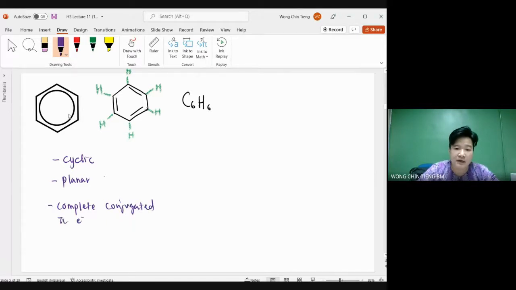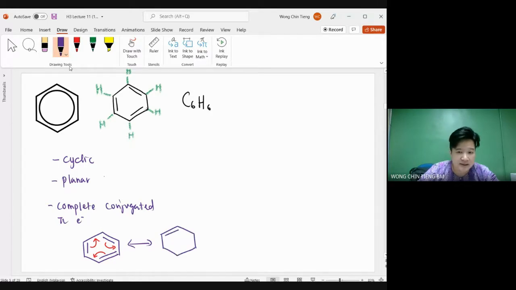Very simple. The completely conjugated pi electron means this one. You know that your double bond over here can move around. Okay? You should know that your bond can move around. So, bila dia boleh move around like this, that is what we mean by completely conjugated pi electron.